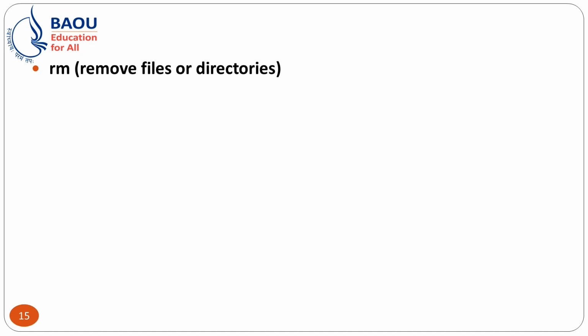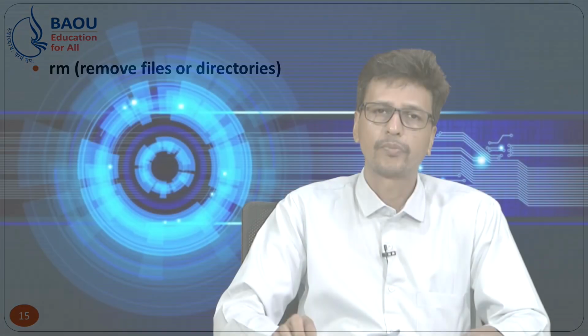Now, the next command is rm, that is remove files or directory. In the mv command, you are using rename, right, and in the next command rm, if you want to delete the whole directory structure or if you want to delete some file, you use rm.